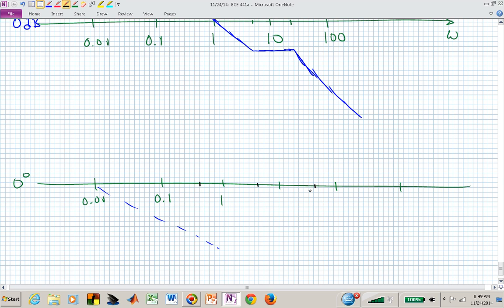So that particular zero gives me something like that. And finally, I have something at 20, which is 30% of the distance there, but it kicks in at 2 and off at 200.